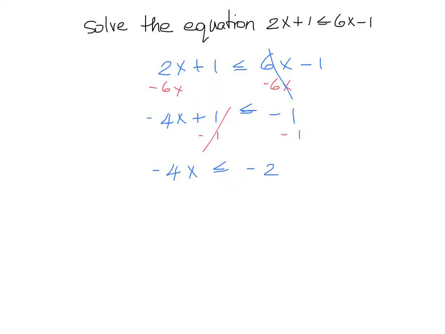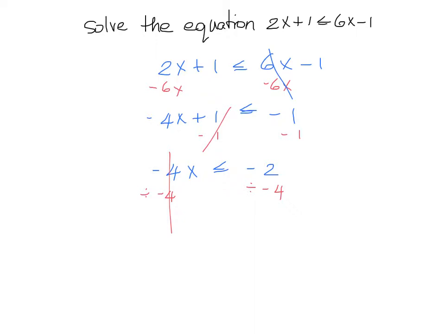We have just one more step here in order to get x alone. We have to divide by negative 4. Since x is being multiplied by negative 4, we divide by it to get rid of it, and whatever we do on one side, we have to do to the other side. However, the rule states that when you're dividing or multiplying by a negative number, we have to flip the sign.